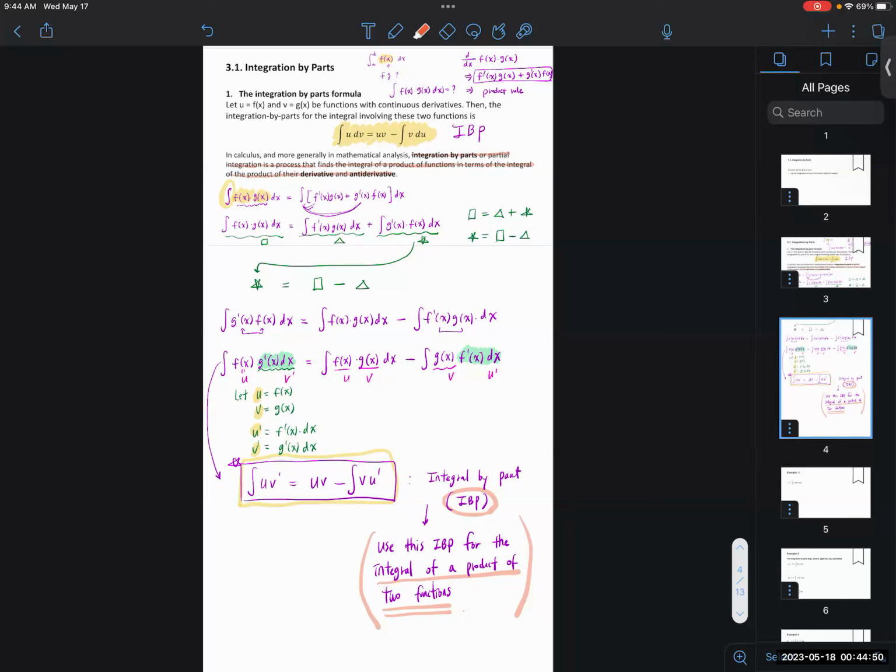Just keep in mind when and how to use the IBP. When you see two functions multiplied, think about the IBP method. I will show you an example, and then you might have a better understanding. Let's take a look at the following example. Here we go.